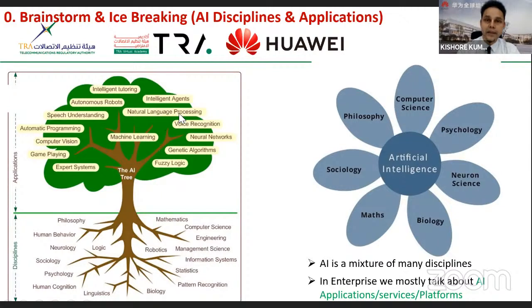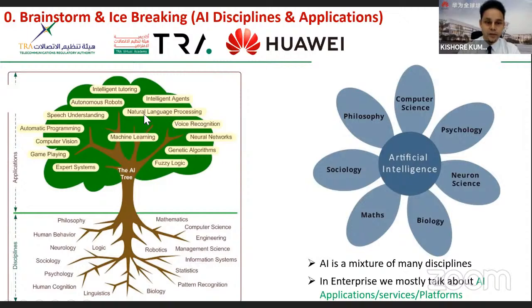So these are applications. You can call AI, or artificial intelligence, a box of tools, a box of applications. As you can see, machine learning is at the center, at the core of these different applications.